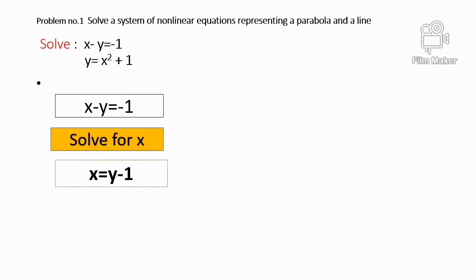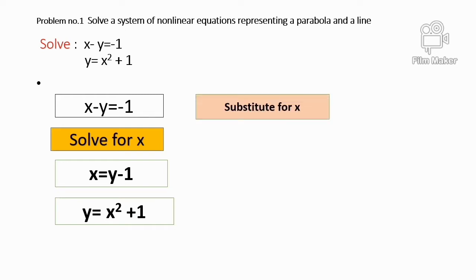So x is equal to y minus 1. Then y is equal to x squared plus 1. Then substitute the value of x, so y is equal to (y minus 1) squared.